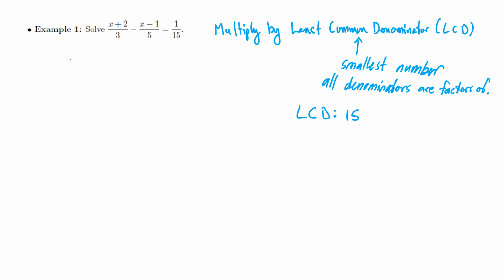And so with that, what I can do is I can say, you know what, I'm going to multiply by 15. But of course I'm going to do that on both the left side and the right side. As long as we do it on both sides, we're fine.